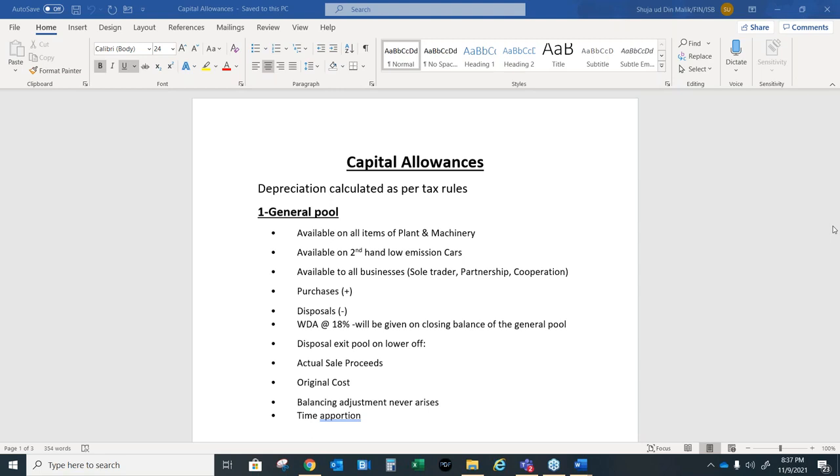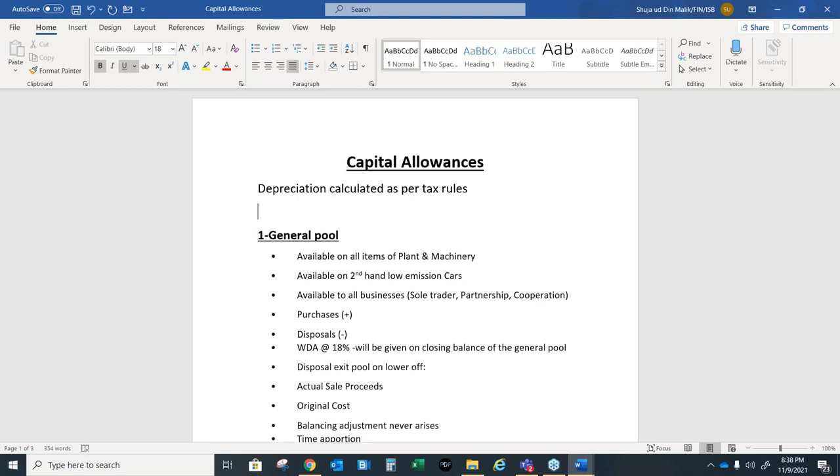What are capital allowances? Capital allowances are basically the depreciation calculated as per tax rules. We are all aware that depreciation is based on accounting techniques, mainly concerning the depreciation policy, the depreciation method, and the depreciation rate.